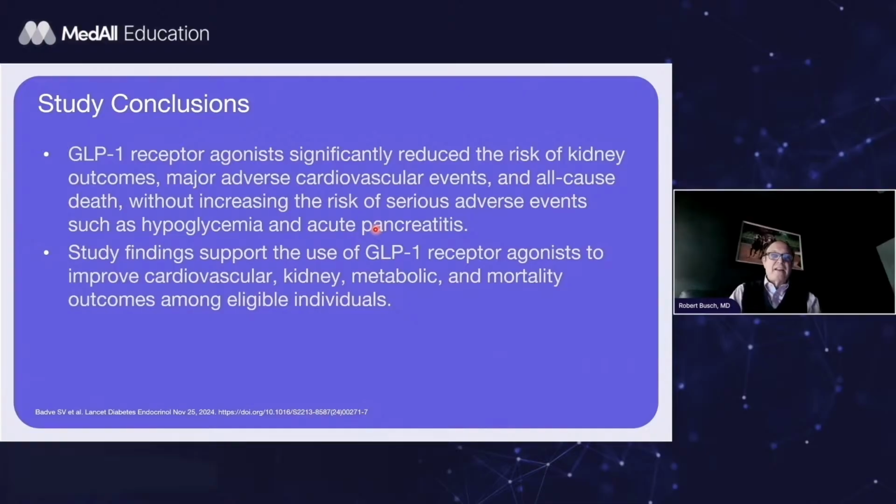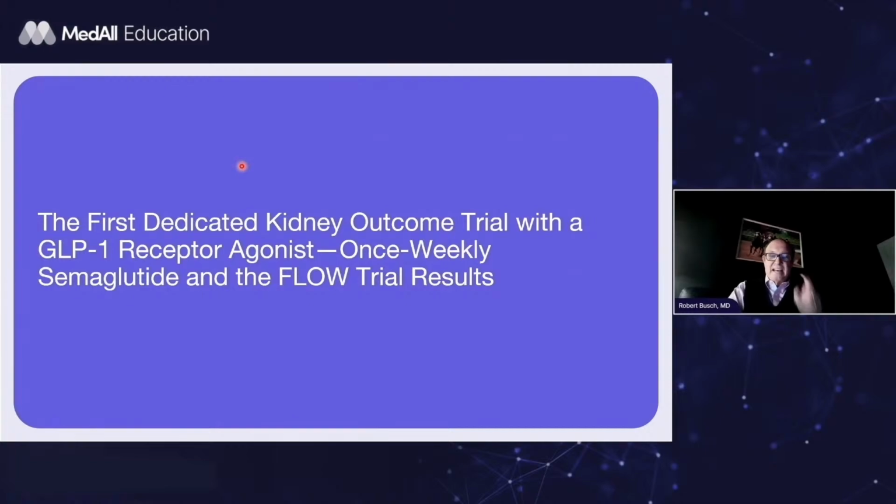So this meta-analysis concluded that GLP-1 receptor agonists reduce the risk of kidney disease as well as cardiac disease and overall death. So this led to a dedicated renal study called the FLOW trial.